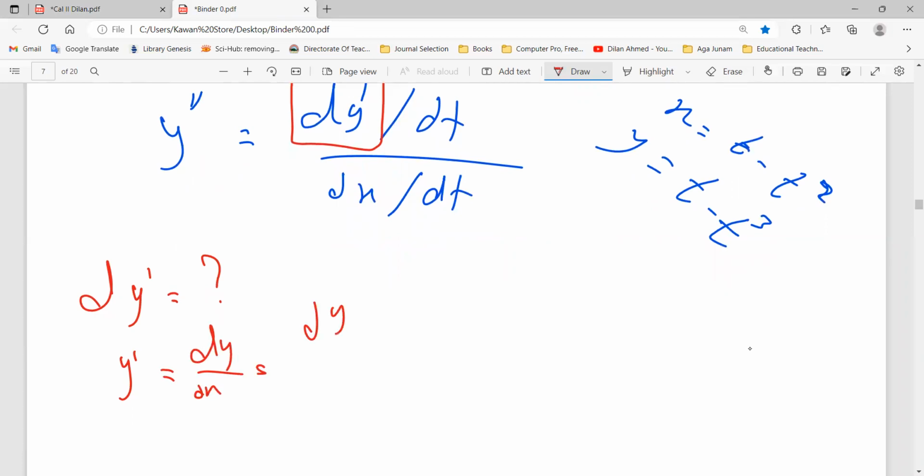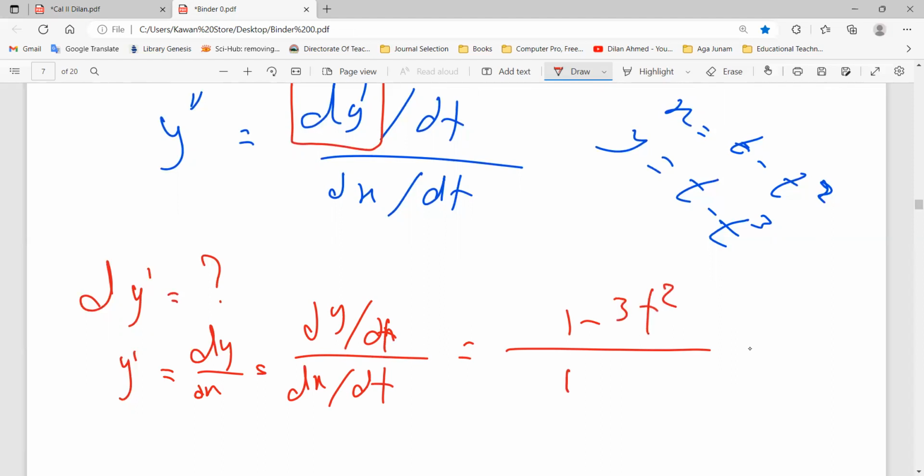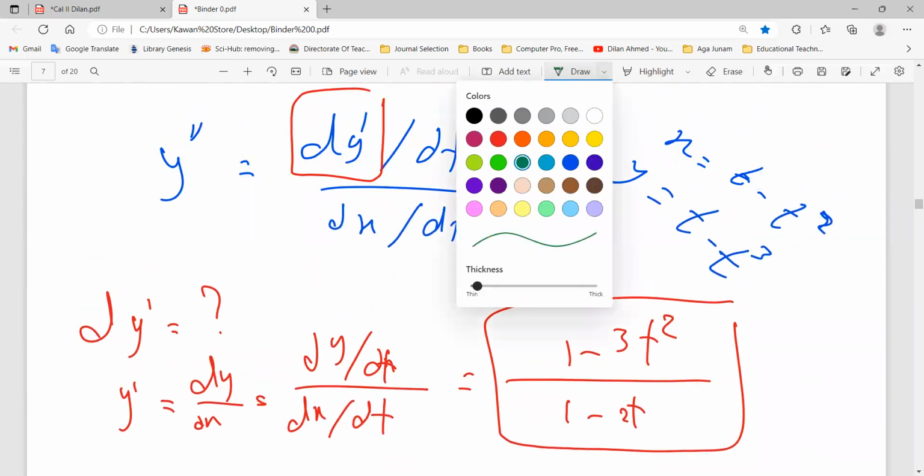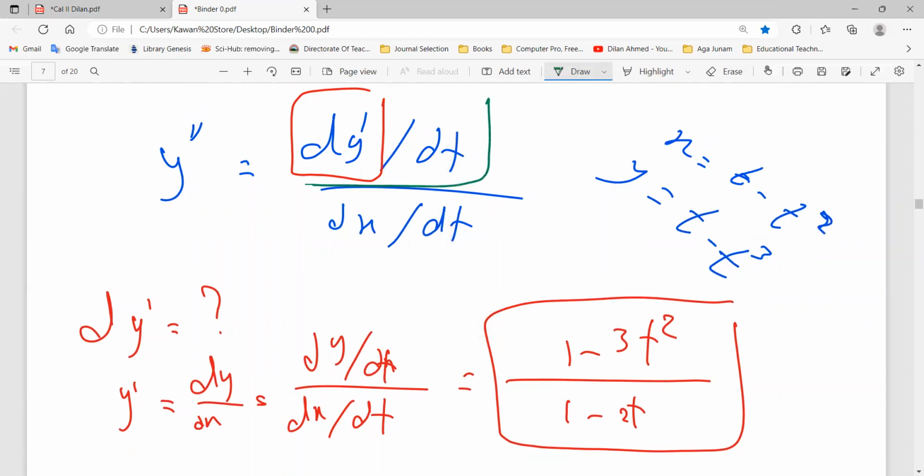And we said that one many times, I think. Am I right? Tell me, it is equal to what? 1 minus 3t squared, over 1 minus 2t. Am I right? Good. So differentiate that one to get the green box, to understand together.